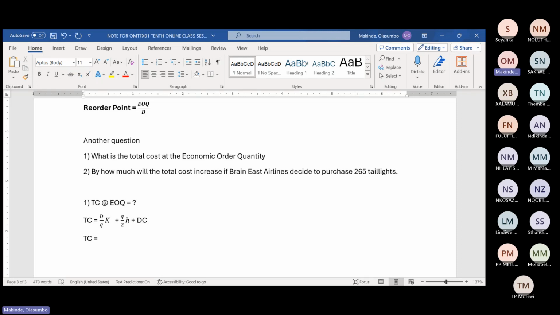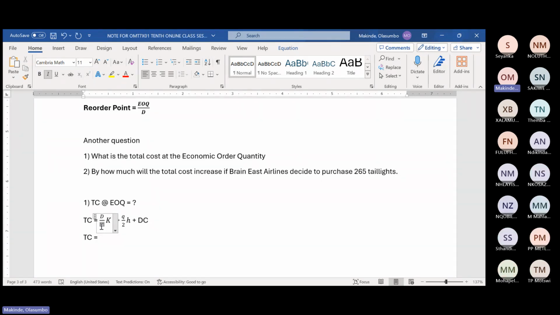So you plug in what your D is for the question. And in this case, because you are looking at TC at EOQ, that Q will become EOQ. Take note of that. So you modify the formula so that the Q becomes EOQ.